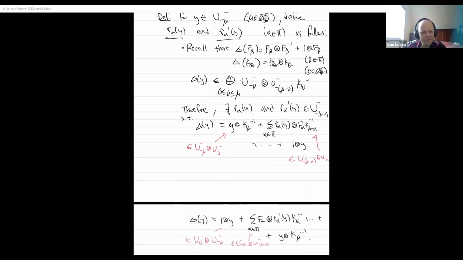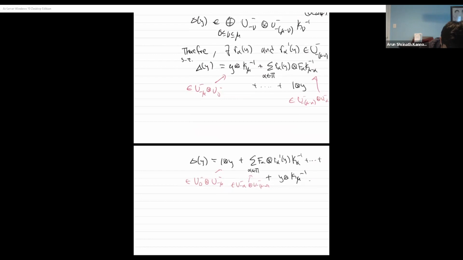Okay, let me just give you an example. R alpha of 1 is equal to R alpha prime of 1, which is equal to 0. And R alpha of F beta, where beta is another simple root, is also equal to R alpha prime of F beta, which is equal to delta alpha beta.